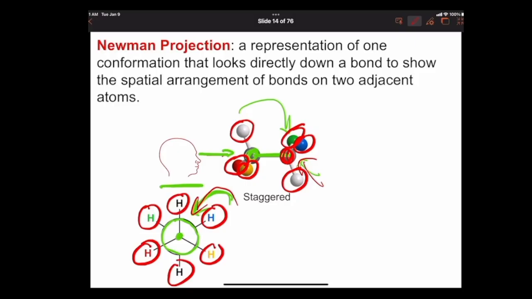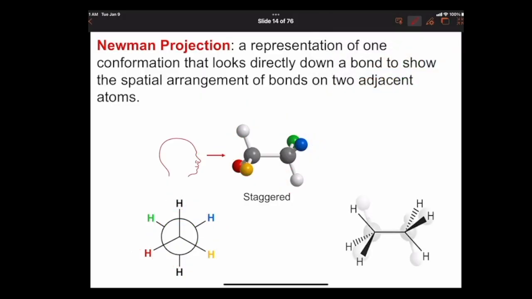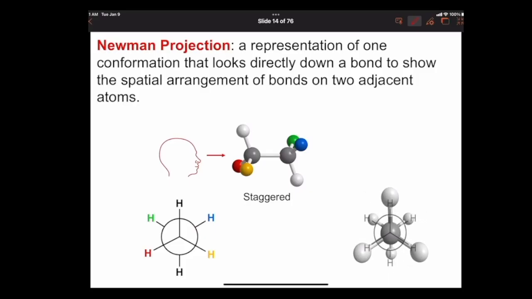So if I'm looking from left to right down this bond, this is the Newman projection I get as a result, where the three substituents, the yellow, red, and white, are on the front center. I'm taking that molecule and rotating it to look down this bond. That's why you get this presentation that we call the Newman structure. It's this bisected structure.